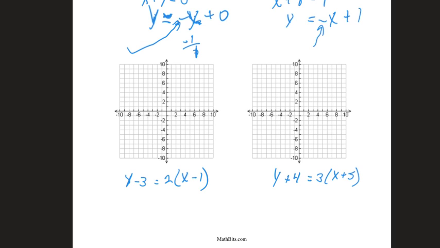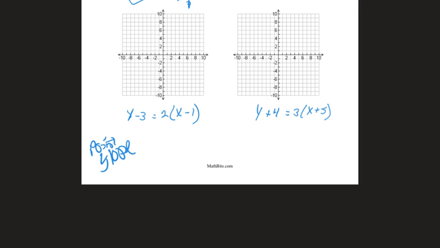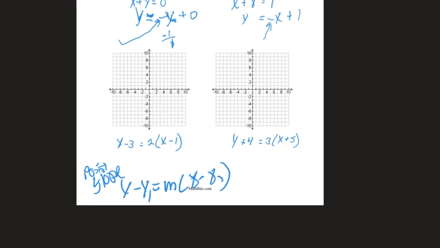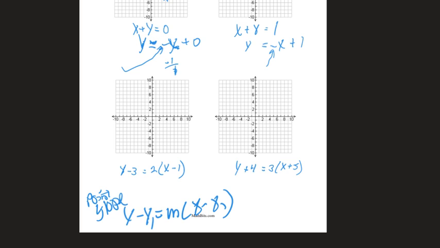This is in another form, which is called the point slope form. And point slope form says y minus y1 equals m times x minus x1. It just means that when you see it, y minus a number equals something times a parenthesis with the x in it.